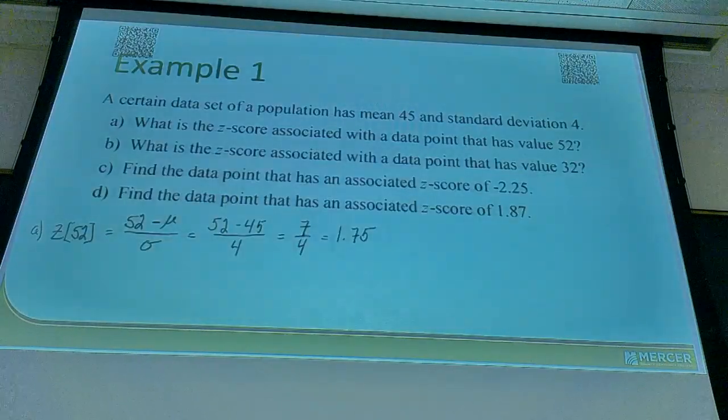When we look at it, we go, well, it's positive, and 52 is above the mean. So good. That makes sense. It'd be bad if we got a negative. Next up, z-score for 32.